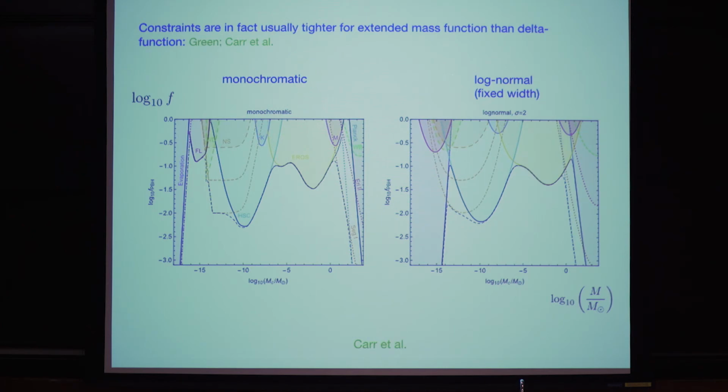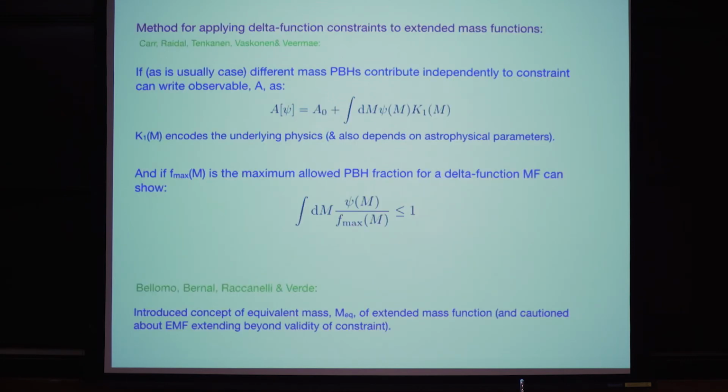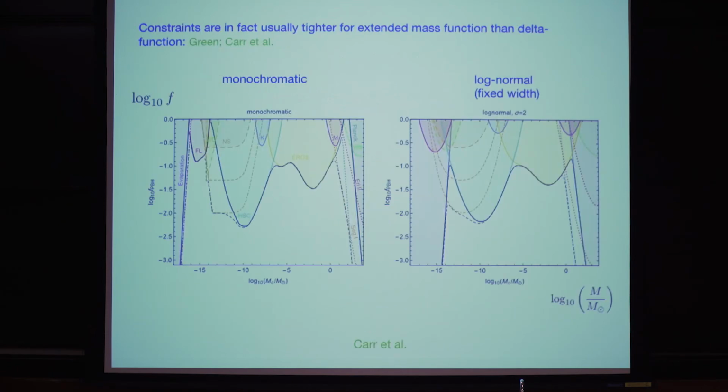Here are their plots. On the left, we've got the log of the halo fraction as a function of the log of the mass. This is for monochromatic mass functions, i.e. a delta function. So we've got all of the particular constraints I've told you about, and in black they've calculated their envelope, and then here they've recalculated things using the prescription I told you about. Here they've done it for a log normal mass function for a particular width.